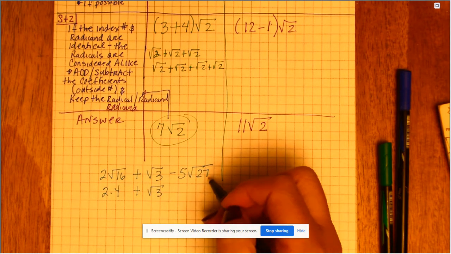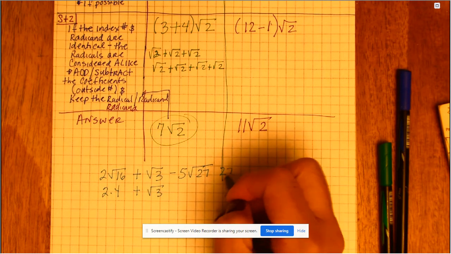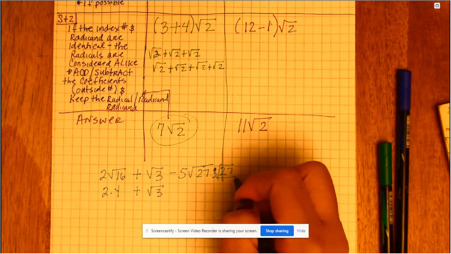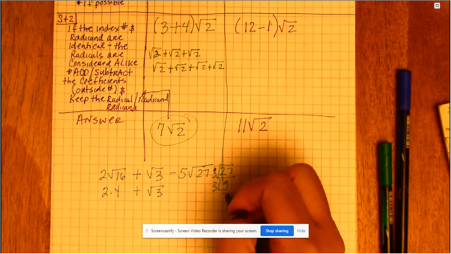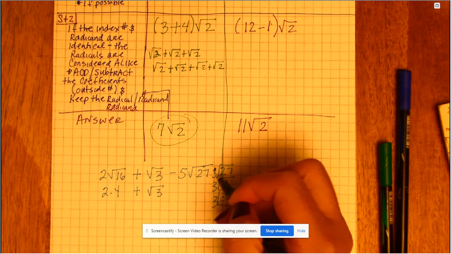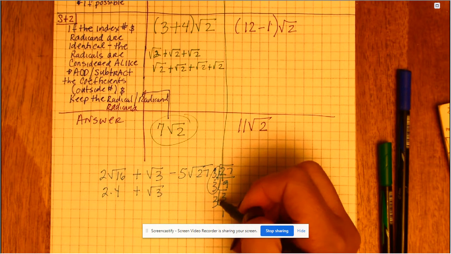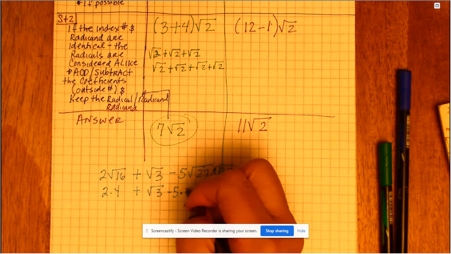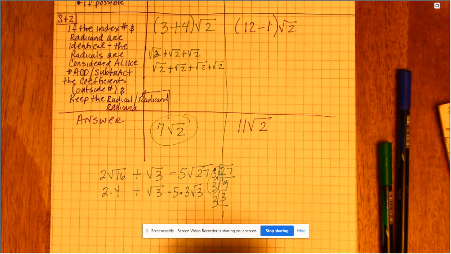And 27, let's see, I would have a 3, 3, 3, and 1. So a set of 3 is going to create 1 outside, and one 3 is going to be left inside. I already have a 5, so 5 times 3, radical 3.